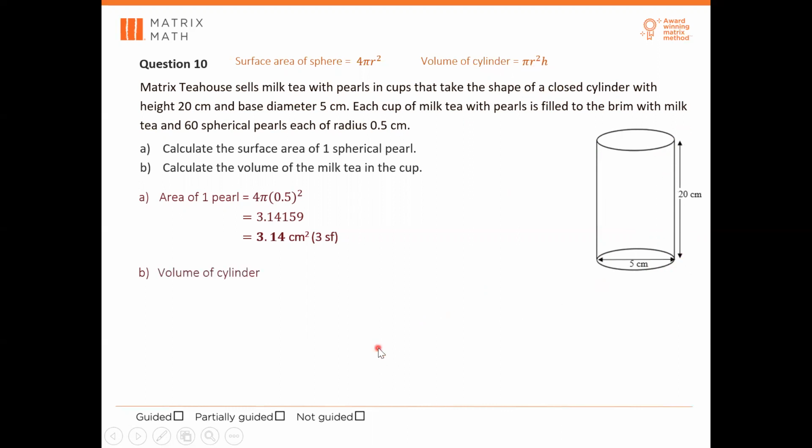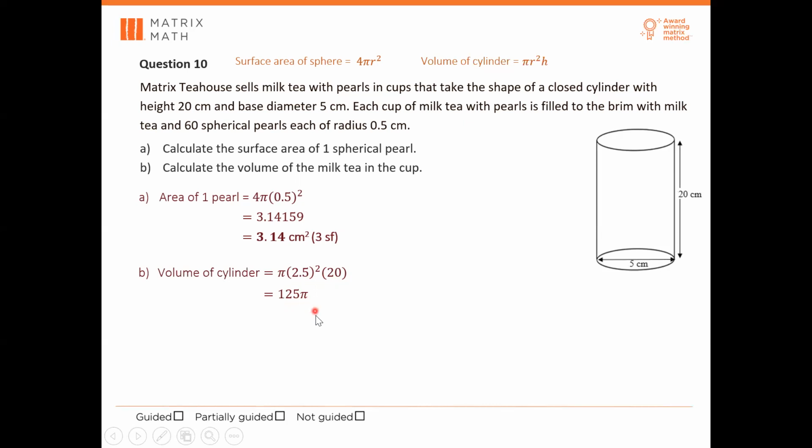So let's apply the formula: volume of cylinder is pi r squared h, where r is 2.5 and h is 20. I'm just going to leave this in terms of pi first, so 125 pi. If you wish to key in the pi from the calculator straight away, you can do that. Just make sure you round it off to 6 to 7 significant figures first.